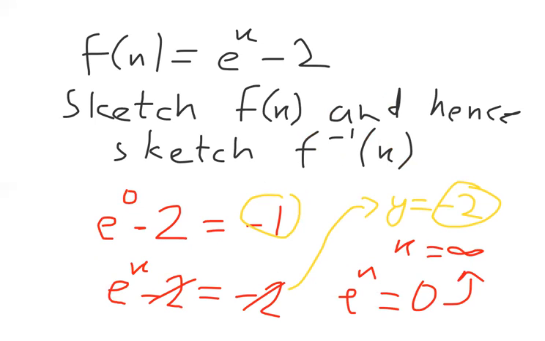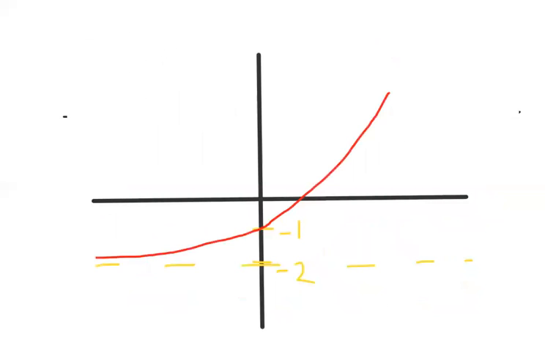So e to the power x minus 2 equals 0. If you solve that, you'll get ln 2. So this point is ln 2. Another way of drawing this graph would be that you first draw e to the power x. This is 1, and then you just shift it downwards by 2 units because it's minus 2.